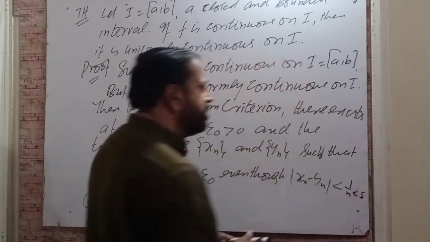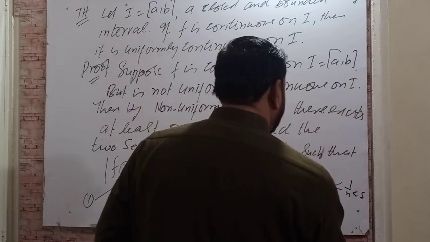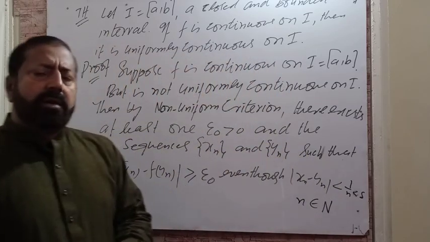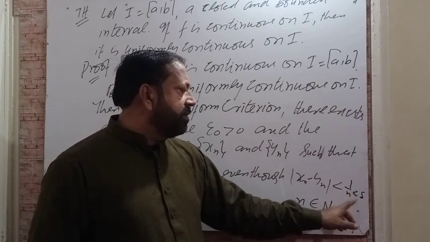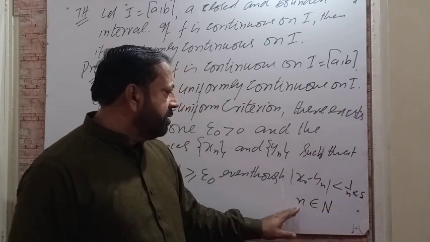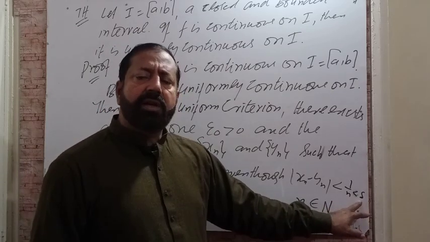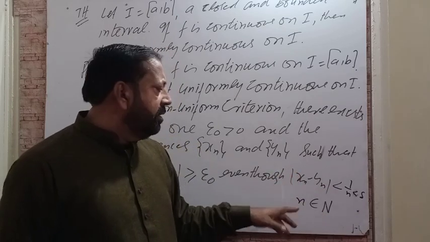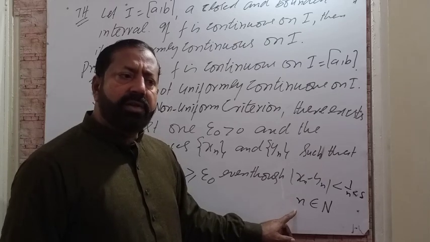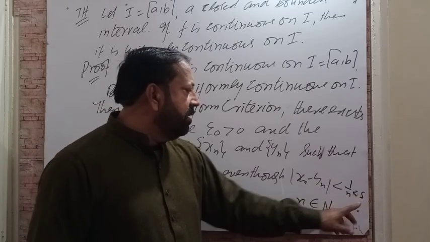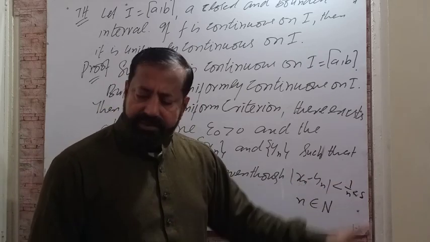You can always choose a natural number n, so that 1 over n is less than delta, because n is a natural number. Whatever delta you are choosing, as I have explained in the last example, you can always find a larger natural number n so that 1 over n must be less than delta. So for the sake of convenience, I am choosing |xn - yn| less than 1 over n, right?